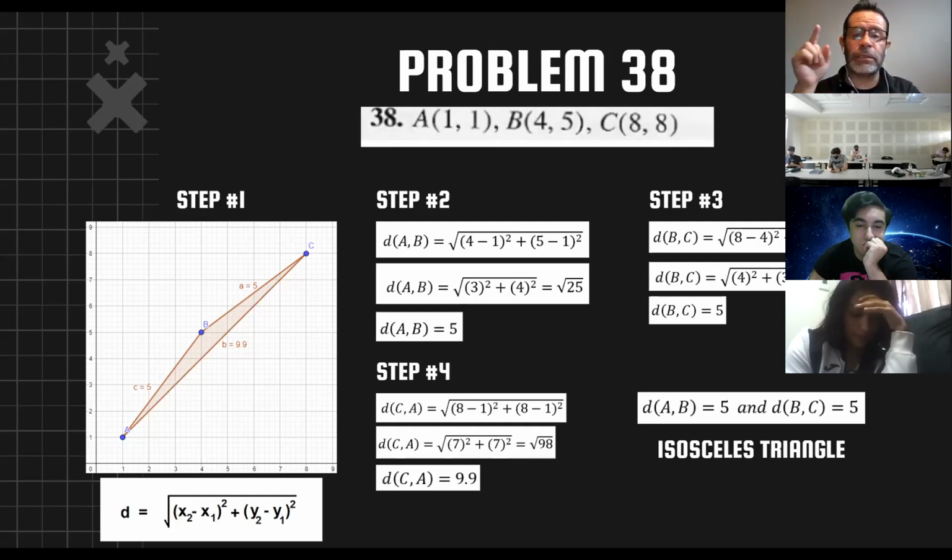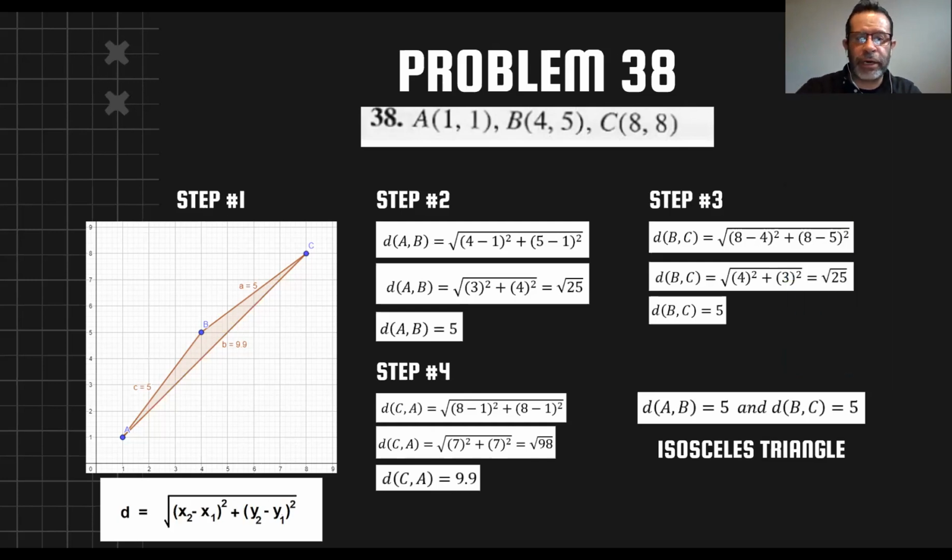It would not be a right triangle, and I'm just going to write this down as a note: it's not a right triangle because it would not comply with the Pythagorean theorem. If we write the Pythagorean theorem, the squares of the smaller sides would have to be equal to the square of the larger side.